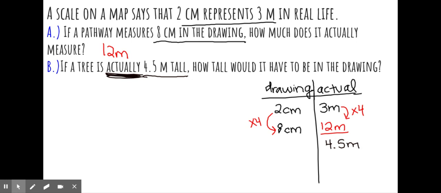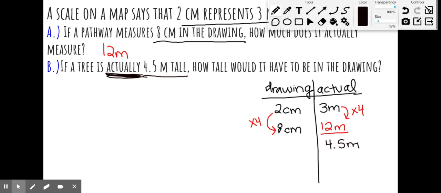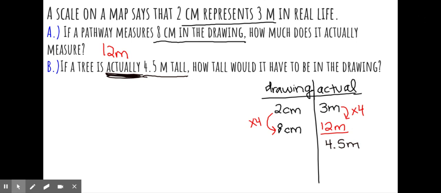And we want to know how tall it would have to be in the drawing. So again, we're going to go from the scale that they give us to that new number. So from 3 meters to 4.5, you should be asking yourself 3 times what gives us 4.5. That one's not as easy.